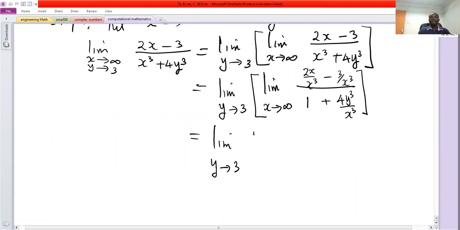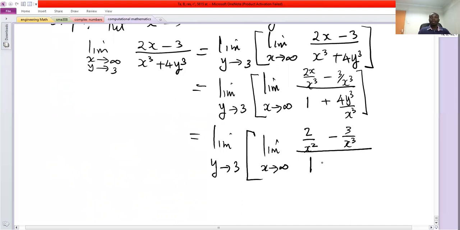Now, this will be the limit as x approaches infinity of (2 over x squared minus 3 over x cubed) over (1 plus 4y over x cubed), and then close the brackets.